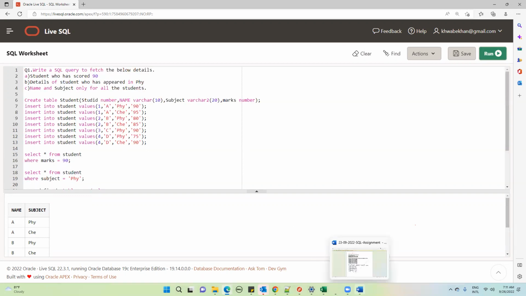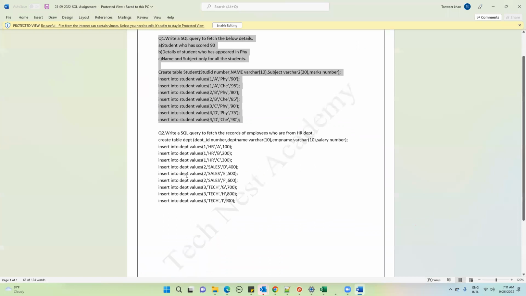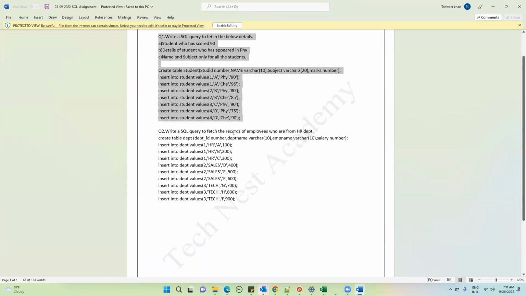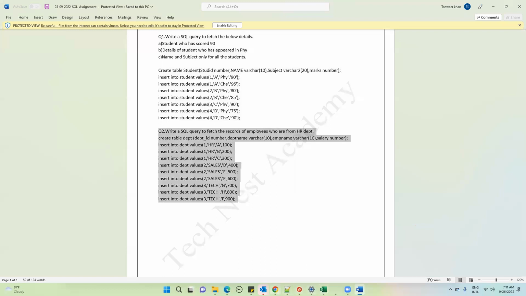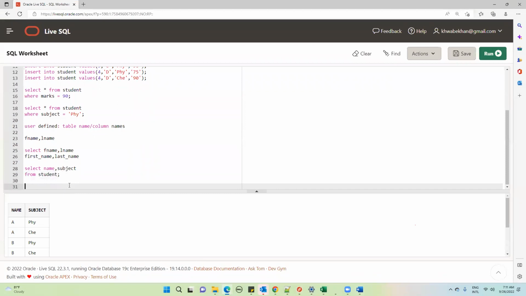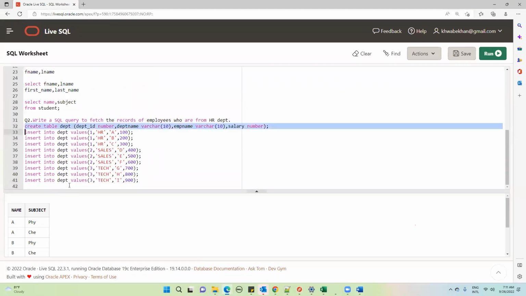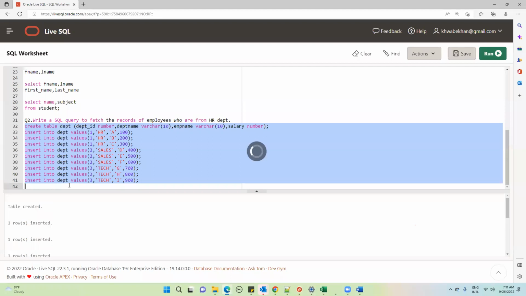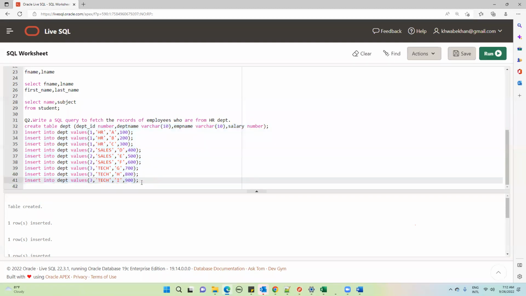Fine. Moving to the next question. Write a SQL query to fetch the records of employees who are from the HR department. Again, it is very simple. So what will you do here, guys? Select star from employees. First of all, let's create the table. Now see, I am running from create till insert in one go, which you can do, not a problem.